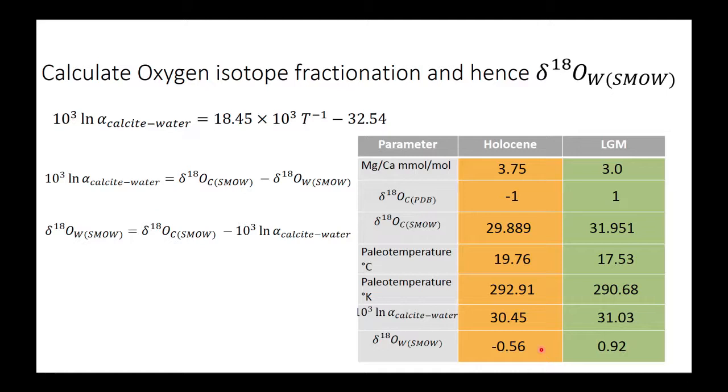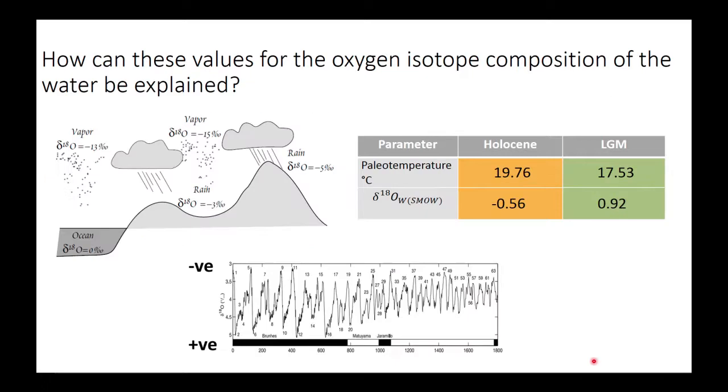But it's not, and that's because there is spatial variability in the oxygen isotope composition of the water in the surface ocean, and that's because the oxygen isotopes should correlate with salinity, and you should think about why that is. And we get a value for the LGM that's a lot more positive in terms of its delta value, so it's got heavier. The ocean has got heavier isotopes than in the Holocene.